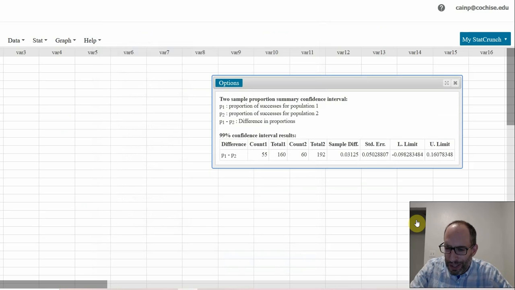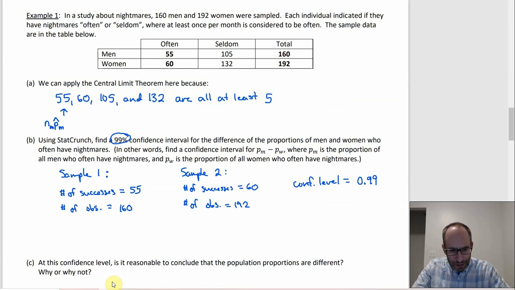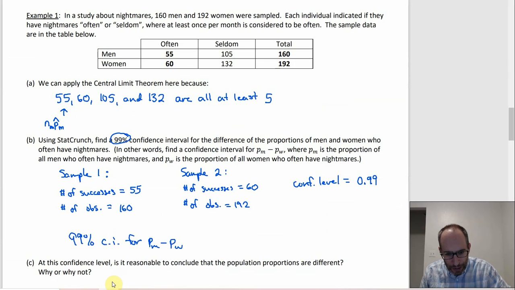So the lower limit's negative 0.098 to 3 places, and then the upper limit is 0.161. All right. So then I guess I can put that in down here. So the 99% confidence interval for PM minus PW ends up being the interval from negative 0.098 to positive 0.161.